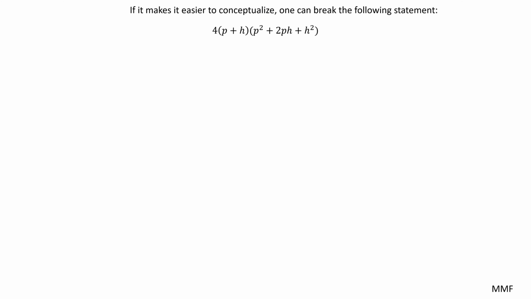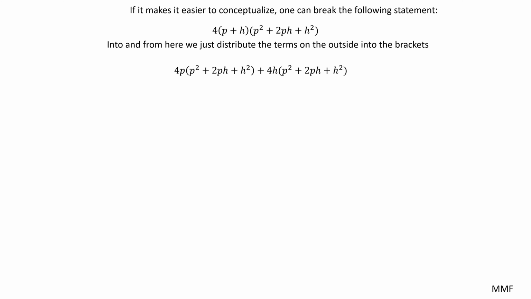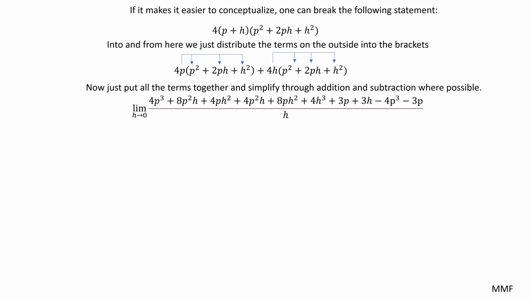Going on to the next screen, now we have to distribute. The way that I would do this is I would look at this as 4p times that function plus 4h times that function. It just makes it a little bit easier to distribute. So you're just moving that 4p in times each term. The first term you're going to get is a 4p cubed.